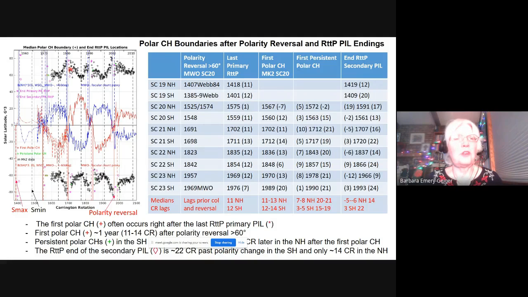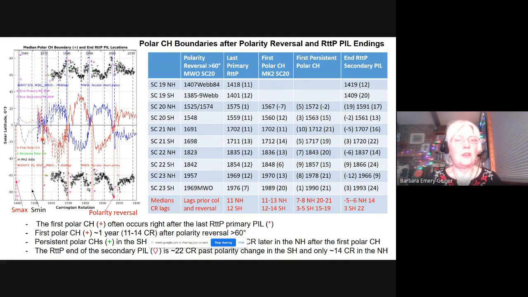The other thing I put in here was the stars, which are the maximum latitude of the end of the primary pill rush to the pole, and the diamonds are the latitude of the secondary rush to the pole. The dashed lines here are solar min, and the blue are the SILSO solar max, and the red is the different SILSO solar max for the southern hemisphere.